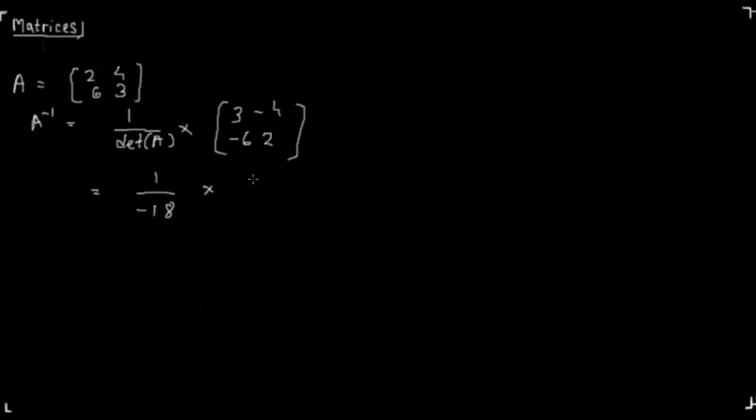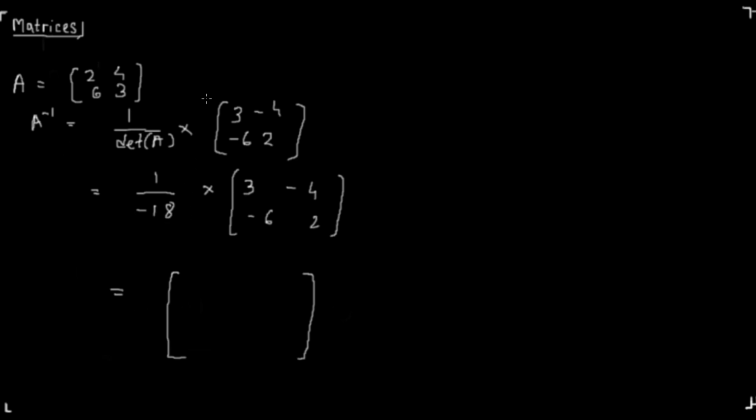So it's one over minus 18 times the matrix 3, negative 4, minus 6, 2. Now I'm going to quickly calculate this. Each term we divide by minus 18.